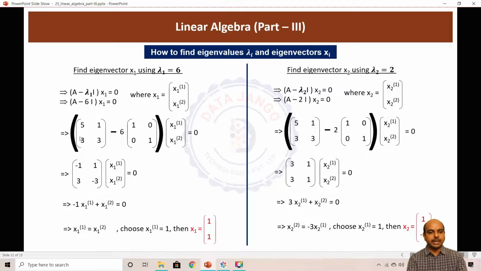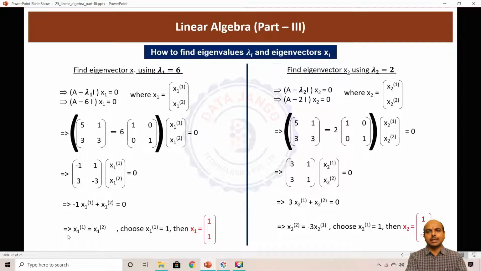So I substituted the value of A minus lambda 1 into I and then into x. For x1 I took the components as x11 and x12, where the superscript is the row: first row and second row for the same column x1. Likewise for x2, first row and second row for the same column 2. When you solve this equation, I have got x11 is equal to x12.